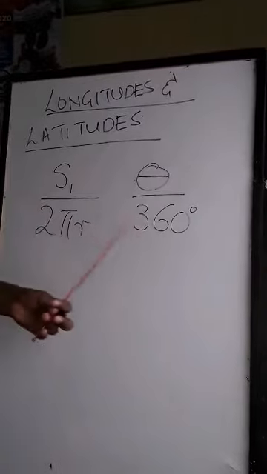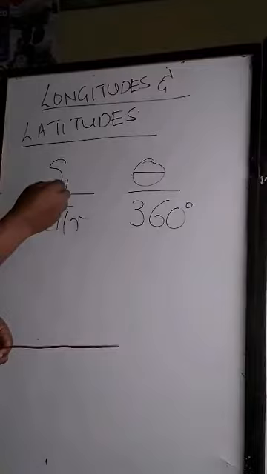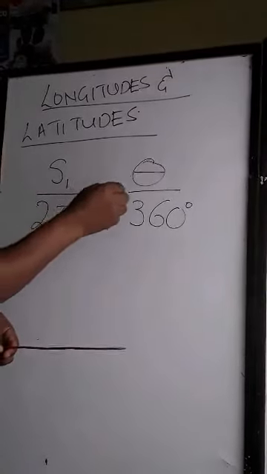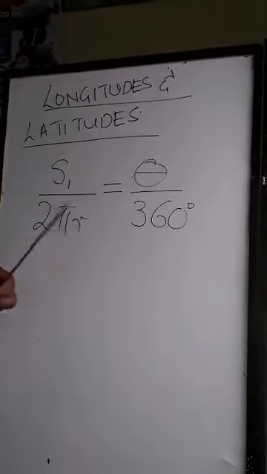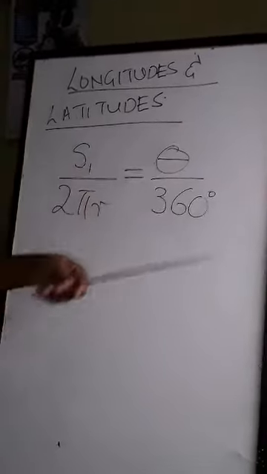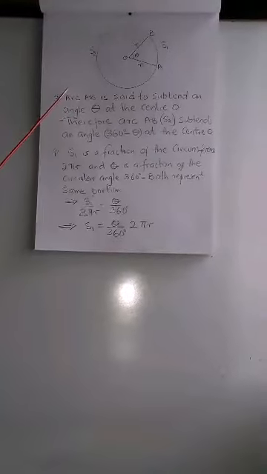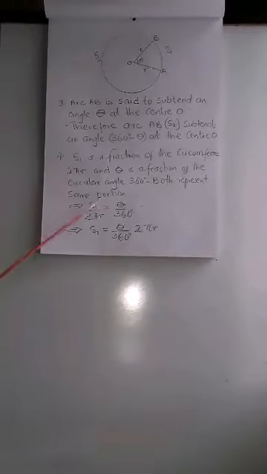But these two represent the same portion. So we can say this fraction and this fraction are the same. So that is what we call the arc length ratio. Going back here, this is what I'm trying to say.